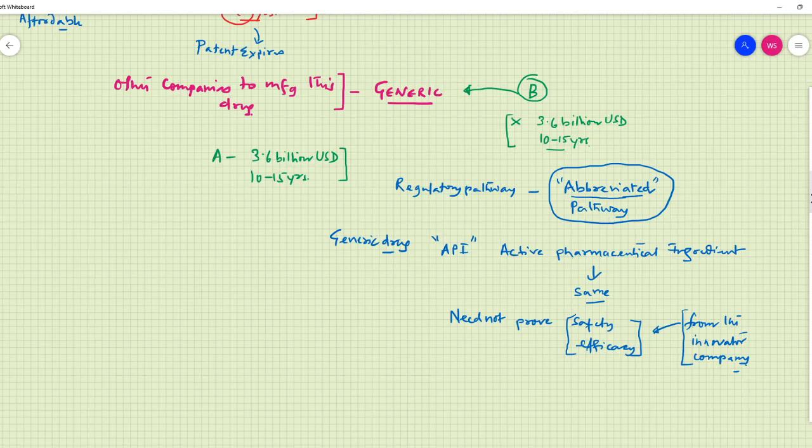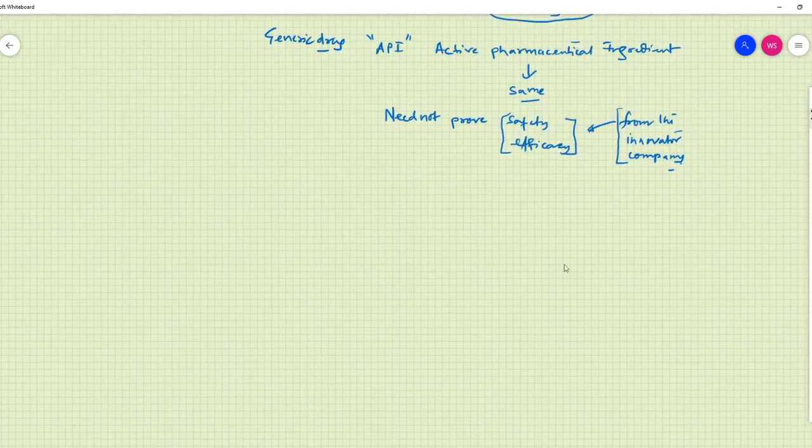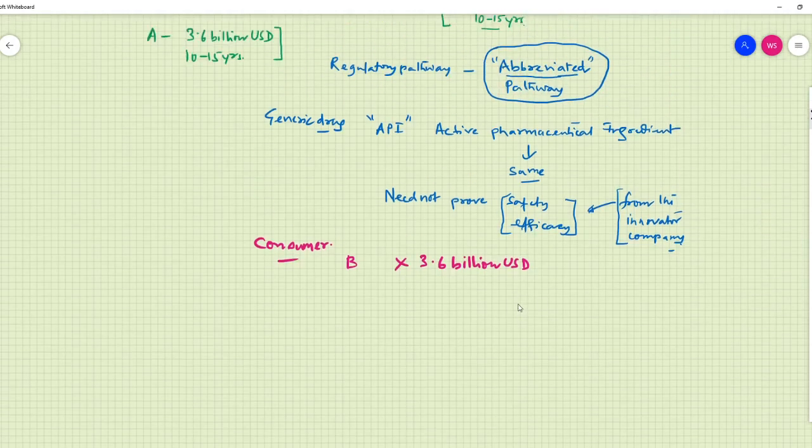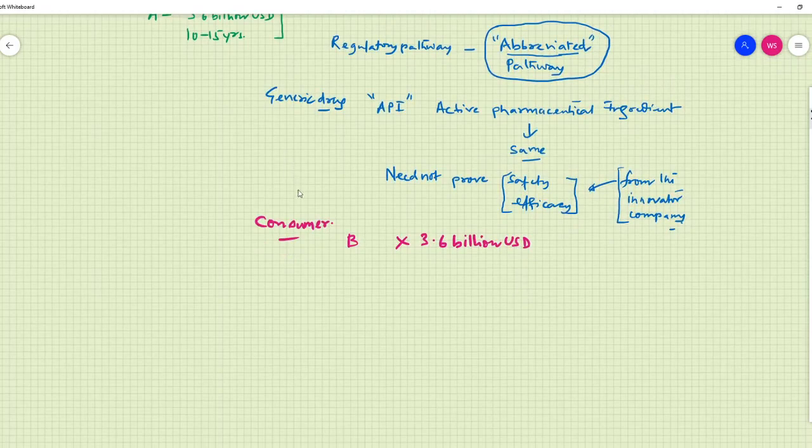And what is the advantage to the consumer? For the consumer, the benefit is that company B does not spend 3.6 billion US dollars, and they don't take, how many years did we say? 10 to 15 years.